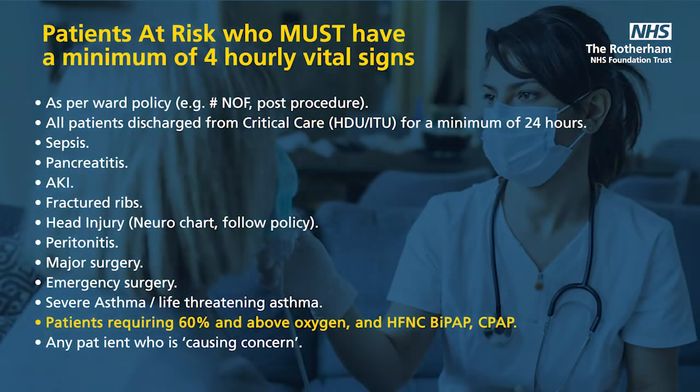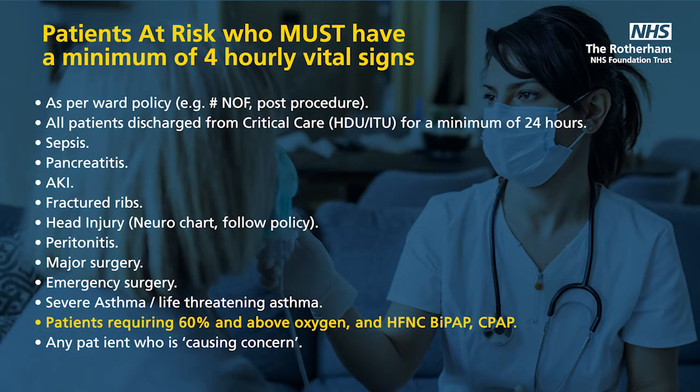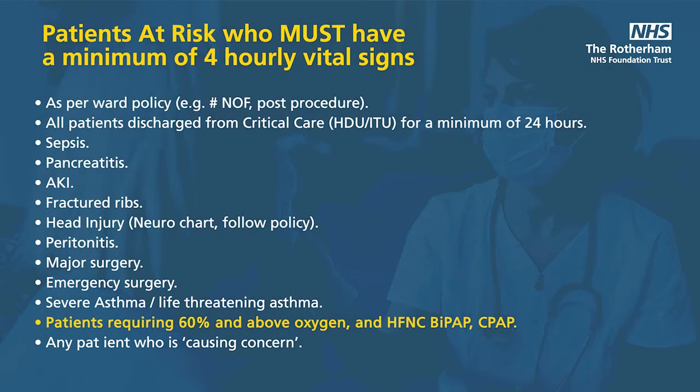Patient at risk could be a number of different things, and this list is not exhaustive. But if you think about the patients in your area, you're likely to know the ones that are more at risk than others. For example, in orthopaedics, fracture neck of femurs are a really important patient to keep a close watch on. Fractured ribs, very prone to deterioration.